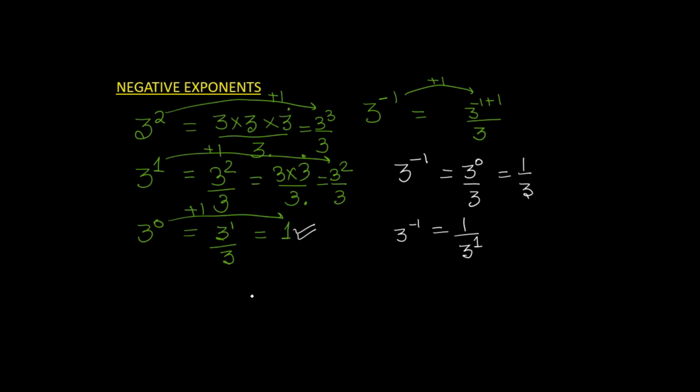So 3 to the power negative 1 is nothing but 1 upon 3, which can be written as 1 by 3 to the power 1. So whenever we have a negative exponent, what we have done is taken the base, which here is 3, and done the reciprocal of the base. The reciprocal of 3 is 1 by 3. And then we have made the exponent positive. It was minus 1; we made it positive 1.